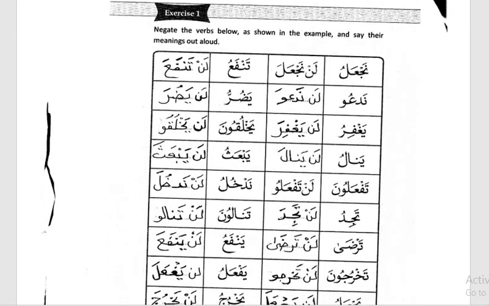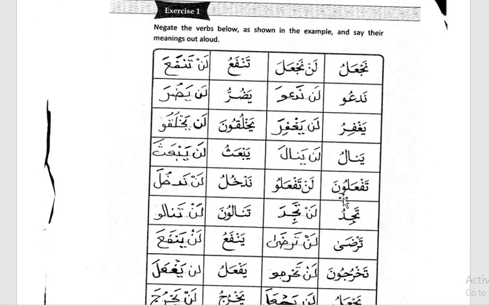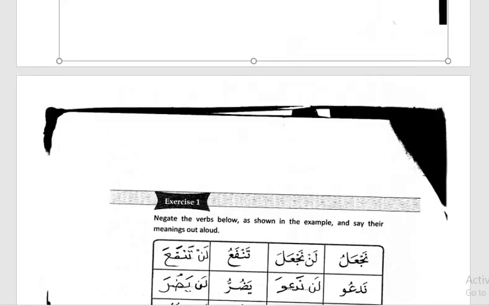Here is our example. We have the verb تفعلون. تفعلون is a verb in the present tense for plural masculine, so it becomes لن تفعلوا. See, the noon is dropped. So these are very important 3 rules.